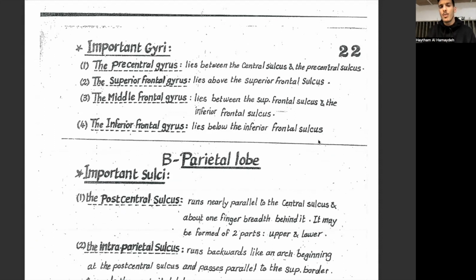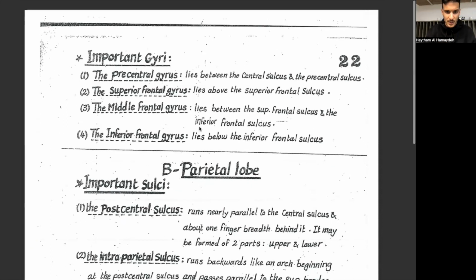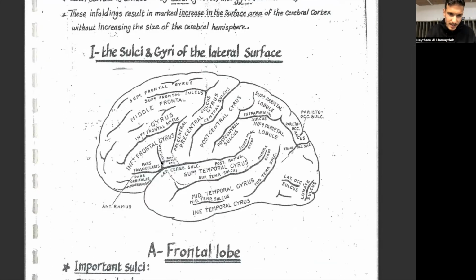There are more of those important ones, such as the divisions into which the inferior frontal gyrus is divided, what's contained within it. Here we can see that we have pars opercularis, pars triangularis, and pars orbitalis, and then on the inferior surface of the frontal lobe, we have the olfactory gyrus, and on the medial aspect we're going to see what's happening.